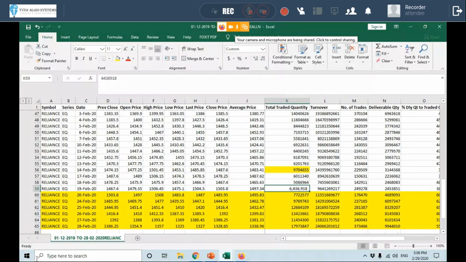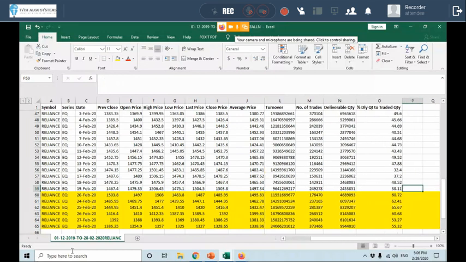Yeah, 64 lakh 38,000. That much is the delivery here. 83 lakhs is the delivery. 81 lakhs is the delivery. 99 lakhs is the delivery. So someone is shorting Reliance on delivery basis. It means investors are exiting this stock right now.